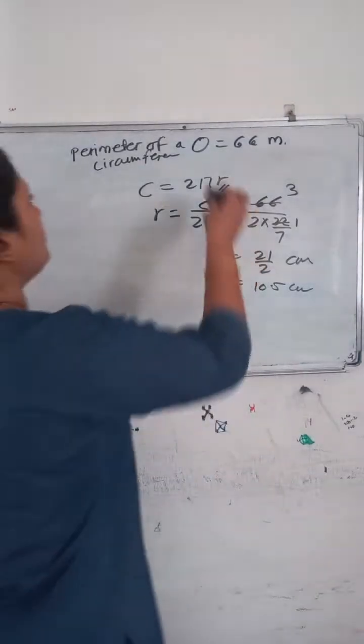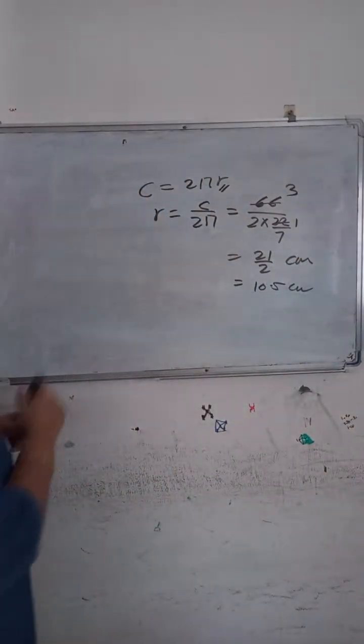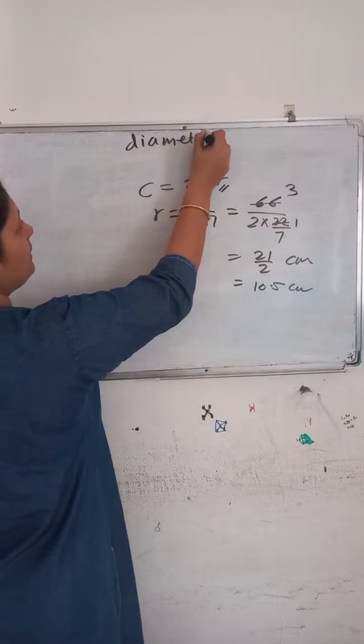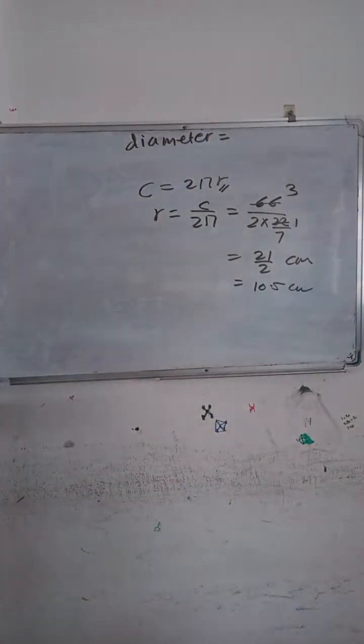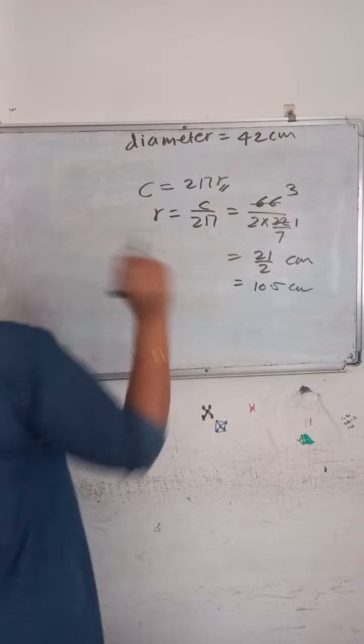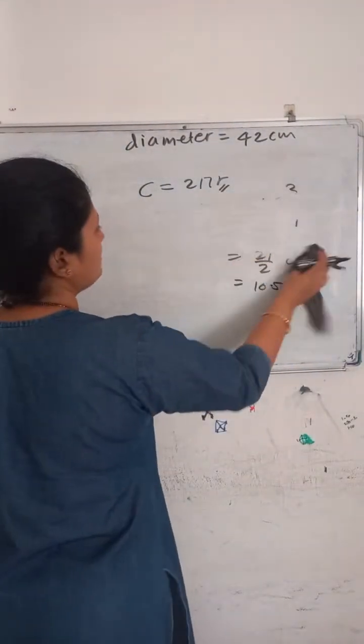Okay, so here diameter is given, which is very important. Diameter is given as 42 centimeter, and everyone must know the relation between diameter and radius.